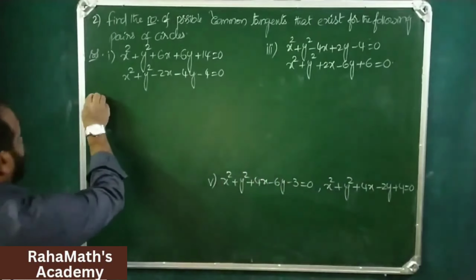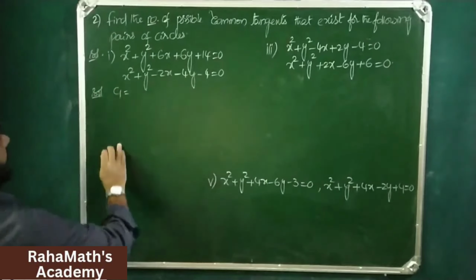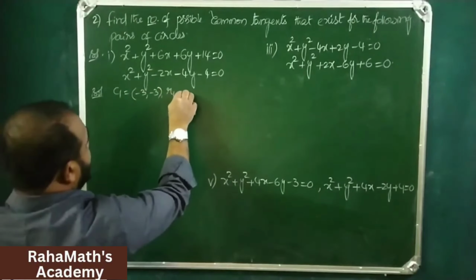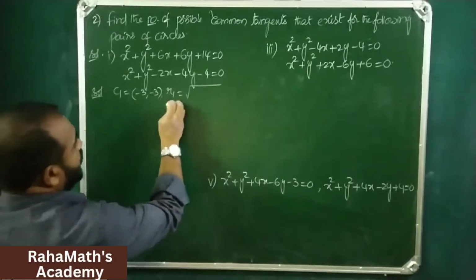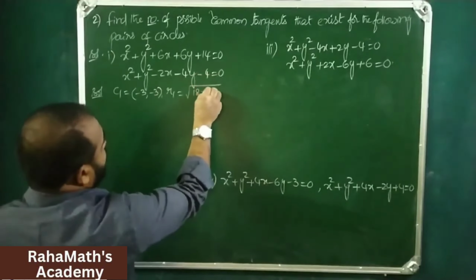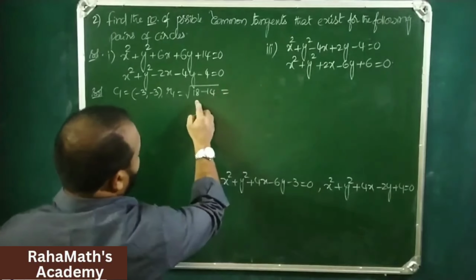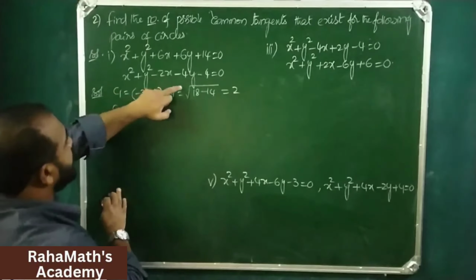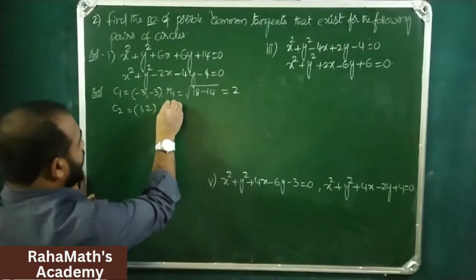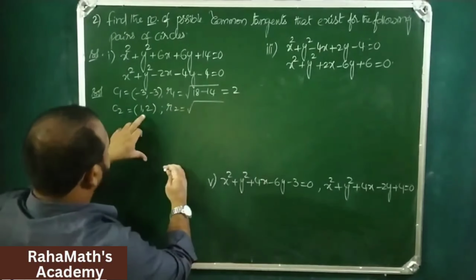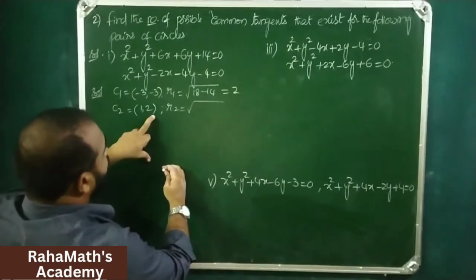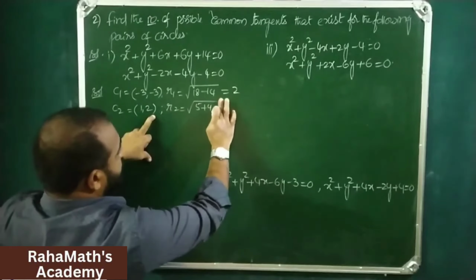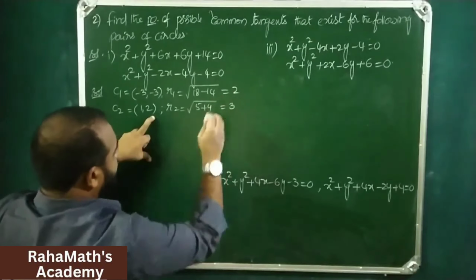So, solution. C1 is equal to (-3, -3). The radius R1 is the square root of 9 + 9 - 14, which is 18 - 14, equal to root 4, which is 2. C2 is equal to (1, 2). Radius R2 is the square root of 1 + 4 - (-5), which is 5 + 4, equal to root 9, which is 3.